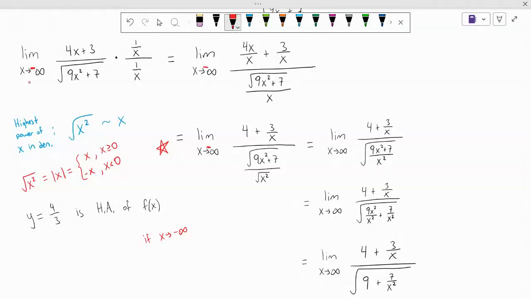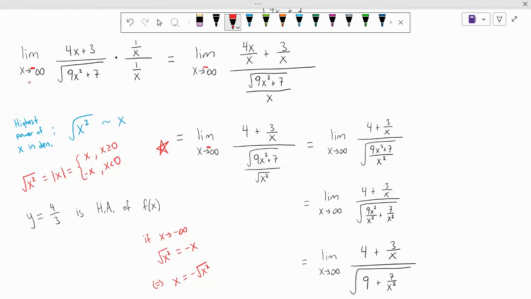And if x is going to be a negative number, that means we have to use square root of x squared is equal to negative x. Or if you will, I can multiply both sides by -1 and say x is equal to negative square root of x squared.